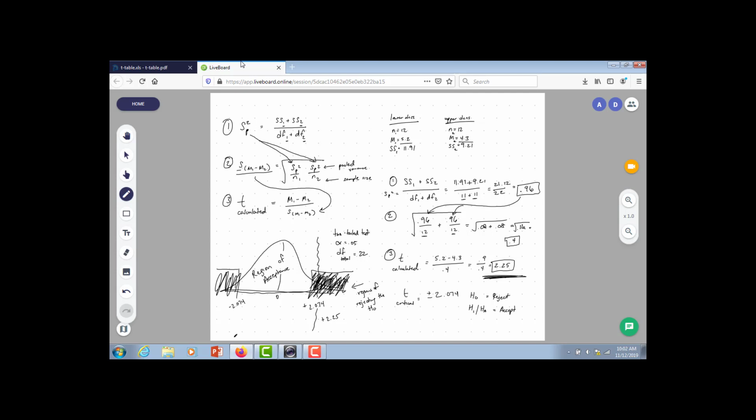Now, just to take this a step further, okay? Sometimes a question will ask you to calculate the effect size, and one of the most frequently used effect sizes is R squared.